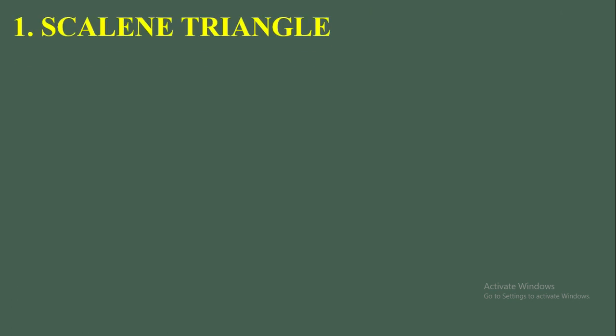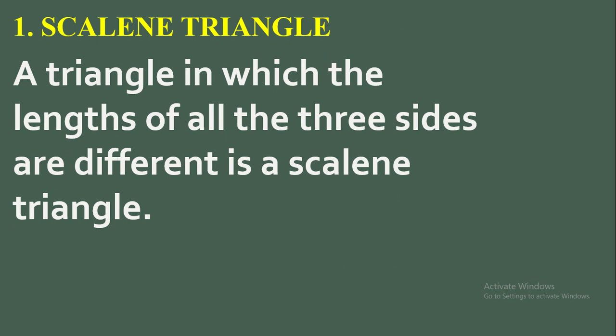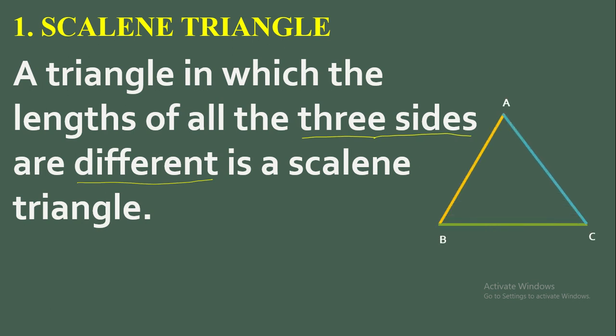The first one is the scalene triangle, and it is a triangle in which the lengths of all three sides are different. That means no two sides have the same length. For example, here we have this triangle ABC.